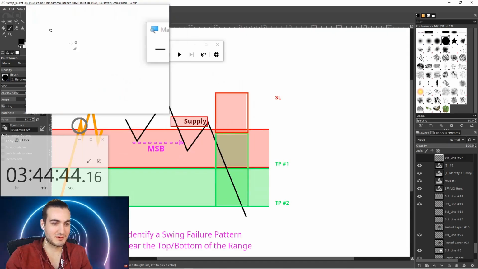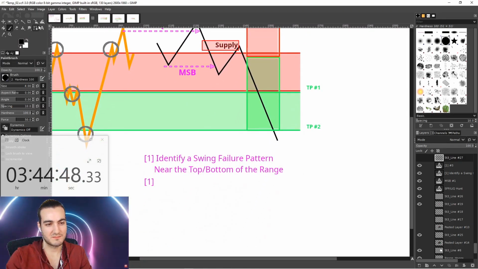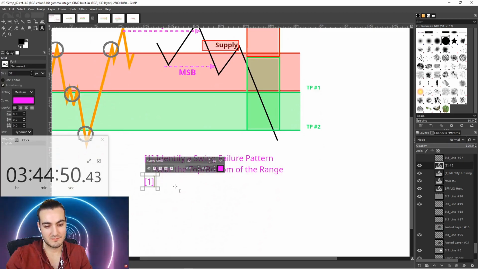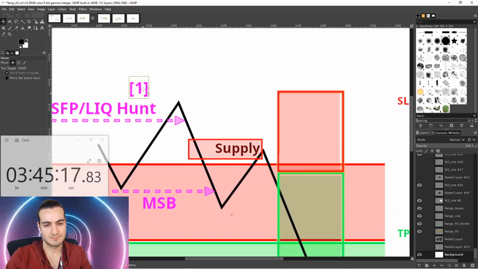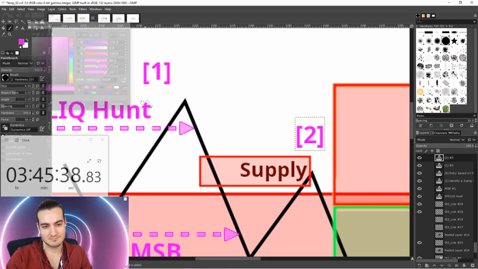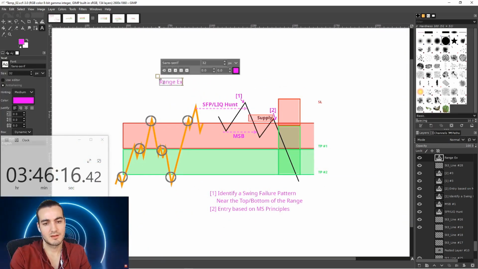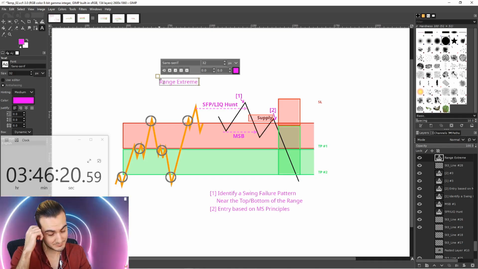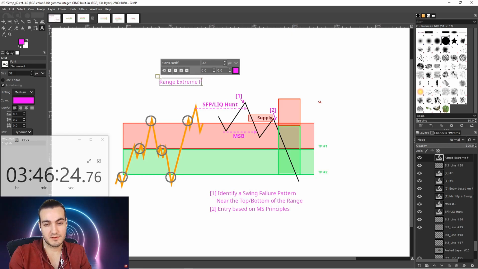But, you know, we aren't really looking for anything specific here, so we can afford to be vague. We'll call this the range extreme swing failure pattern.